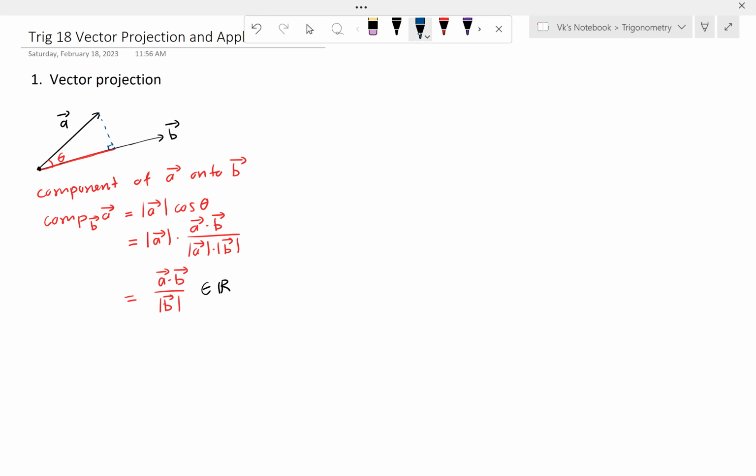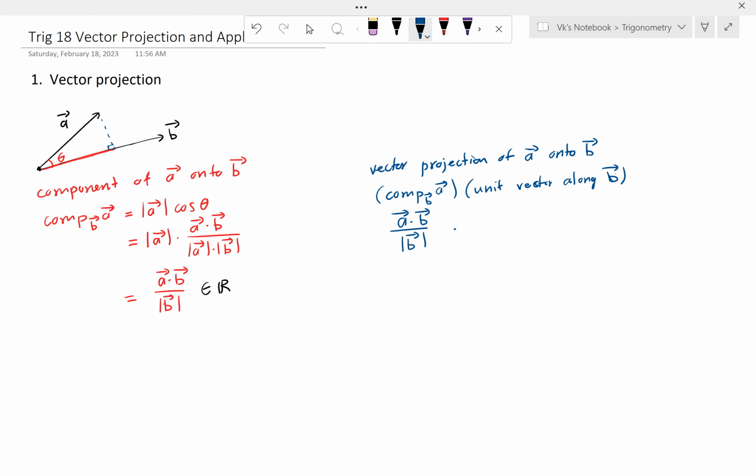Next, we have to figure out the vector projection of A onto B. The vector projection of A onto B is where we turn the component of A onto B into a vector, and to do that, we have to multiply the component of A onto B by a unit vector along the vector B. A dot B over the magnitude of B multiplied by the unit vector along B, which is B divided by its magnitude.